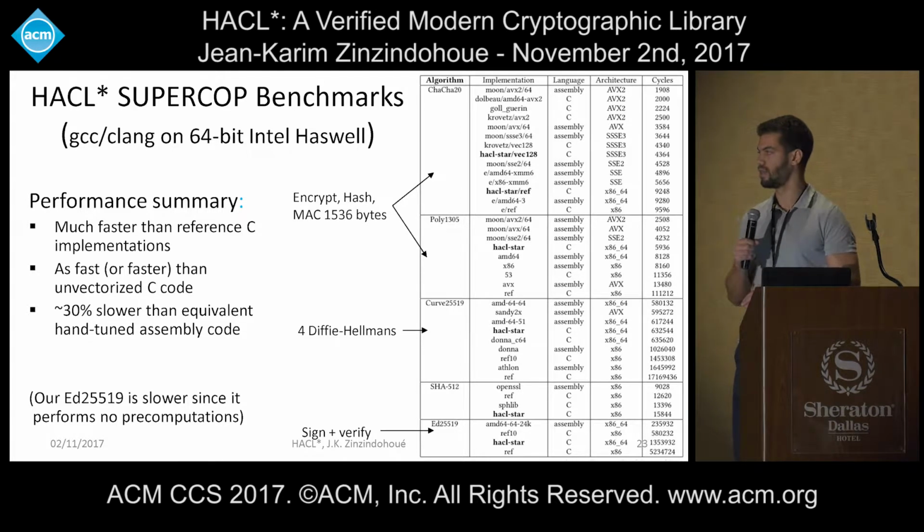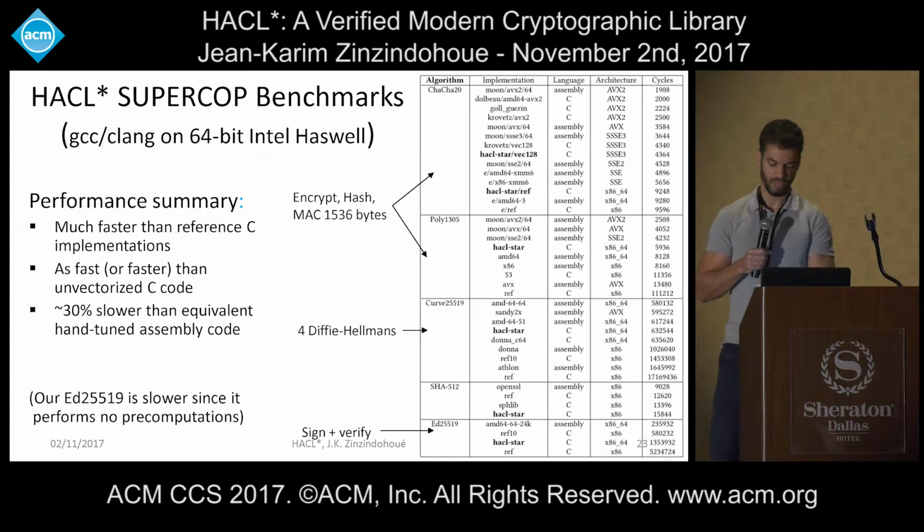So we're actually faster than the original reference C implementation in SUPERCOP, and not the Ref10 implementation. But that one aside, we are as fast, if not faster, than all the non-vectorized C implementations for the rest of our primitives. And we're still obviously about 30% slower than assembly code, but this is inherent to the nature of C code.